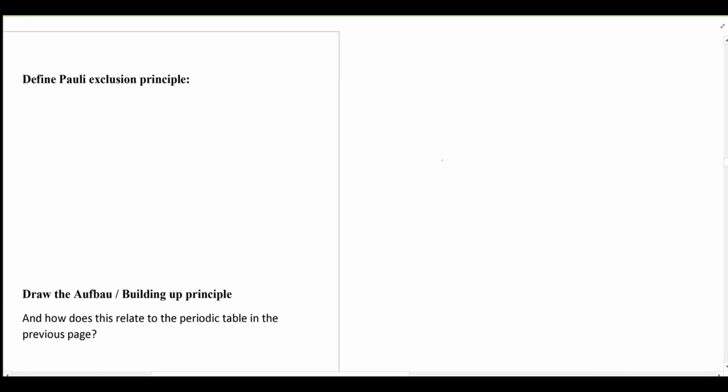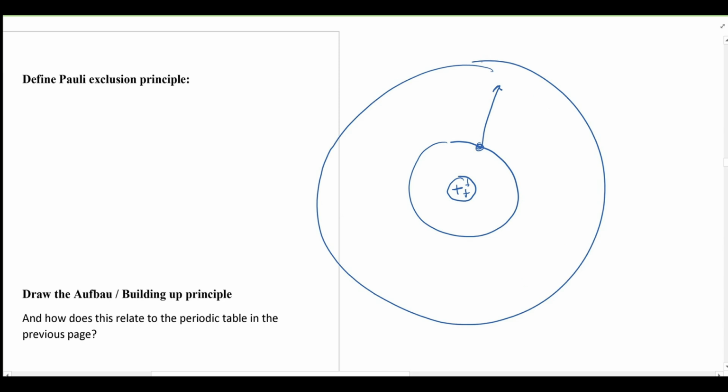What I mentioned before is that if we have only a single electron on our atom, so let's say this is the nucleus with a positive charge, or even multiple positive charges, and we have an electron. The electron could be here, so it's n equals 1. If we simply move the electron to a higher energy level, n equals 2, then we simply move the electron upward.